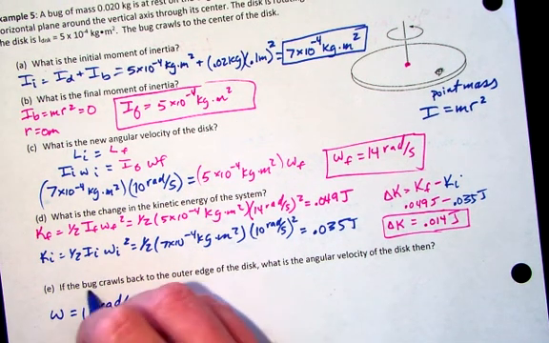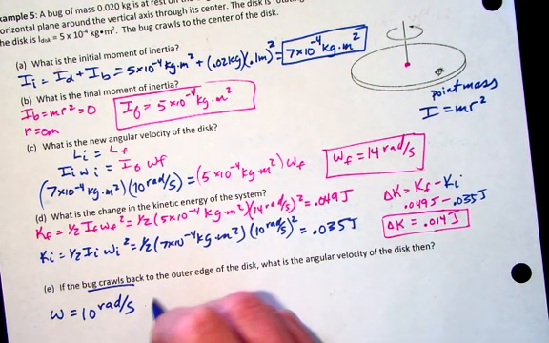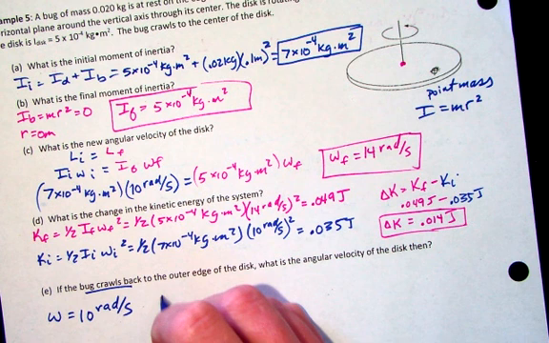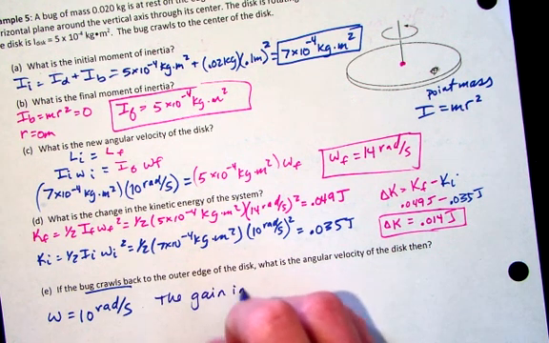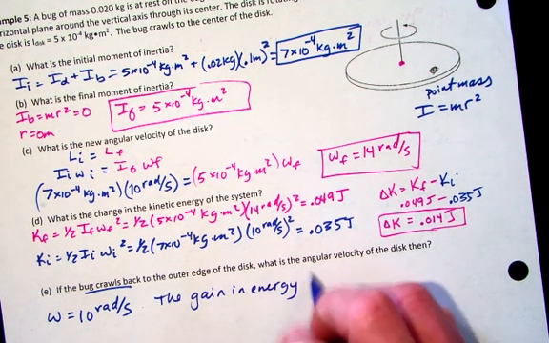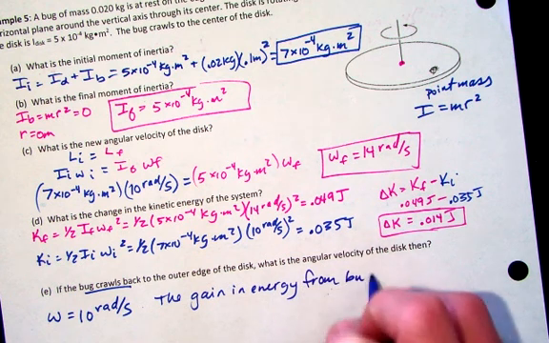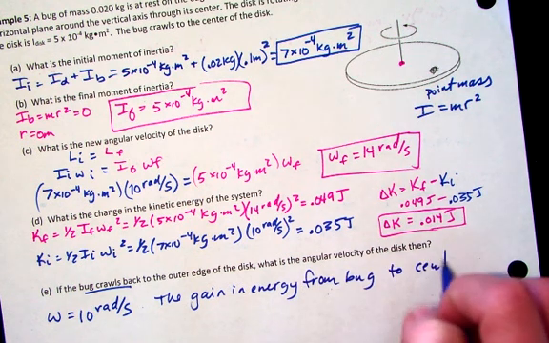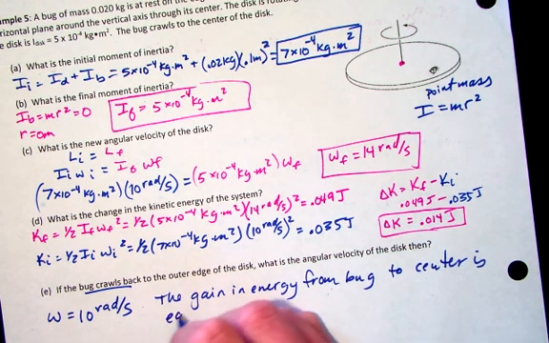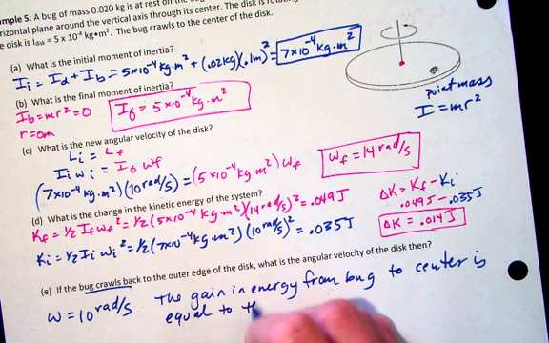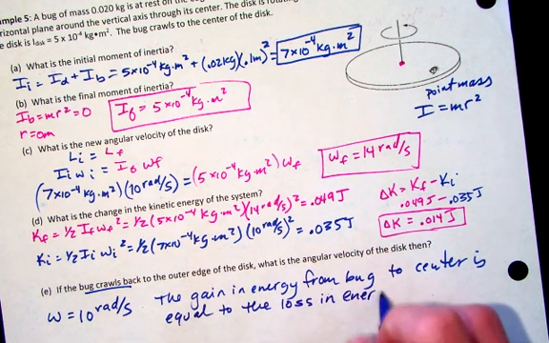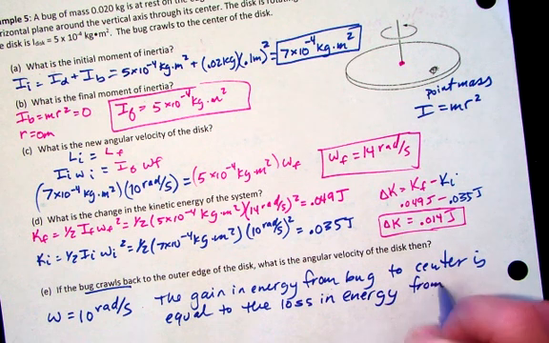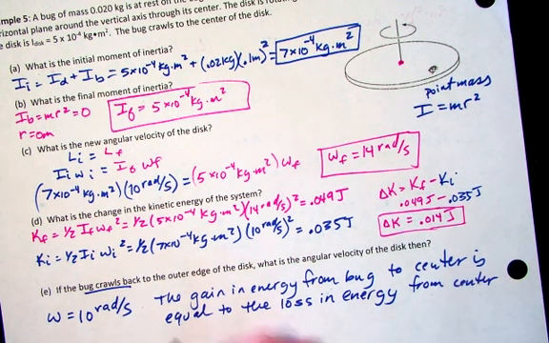So if it crawls back, the gain in energy from the bug to the center is equal to the loss in energy from the center back to the original position.